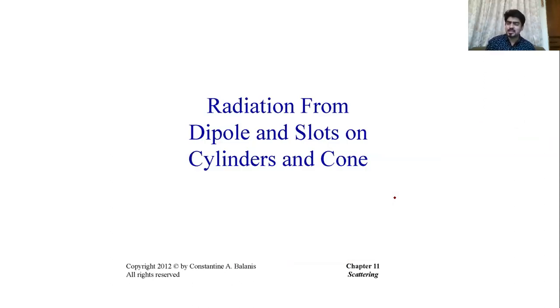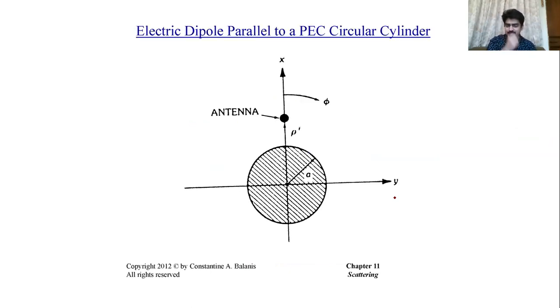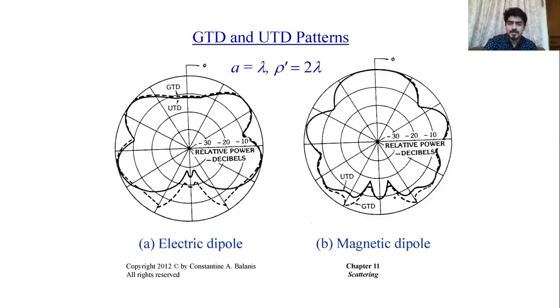Another example, which we are not going to derive, is, let's say you have a dipole antenna placed parallel to a cylindrical structure in the vicinity. For the electrical dipole, this would be the radiation pattern predicted by GTD and UTD. Similarly, for the magnetic dipole, these are the patterns predicted by GTD and UTD, geometrical theory of diffraction and uniform theory of diffraction.